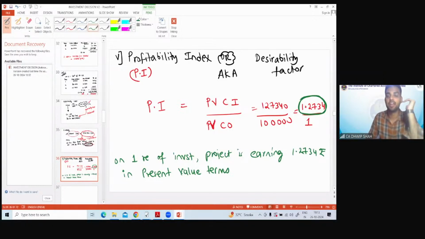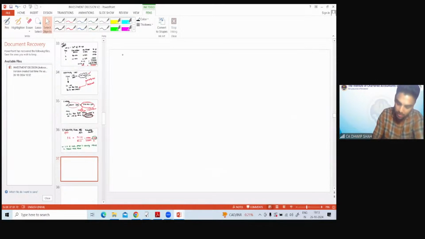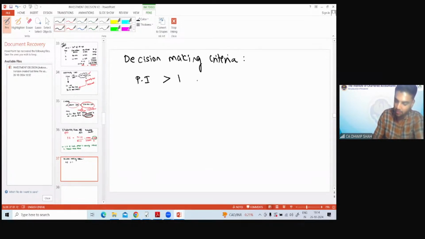So if it is greater than 1, always accept the project. If PI is greater than 1, accept the project. If PI is less than 1, reject the project. Are you getting this? So the decision making criteria for the PI index is: if PI is greater than 1, accept the project.